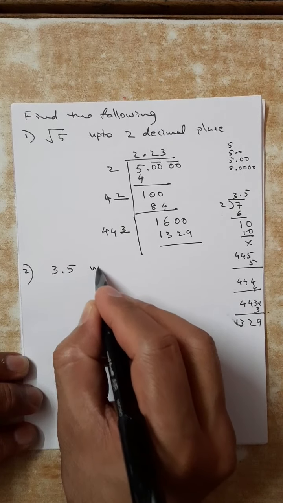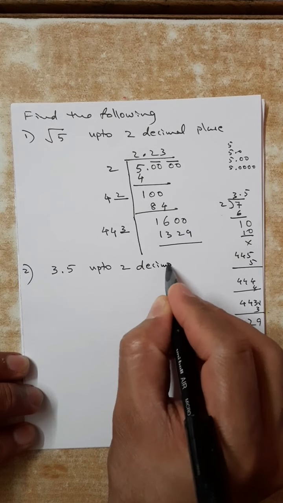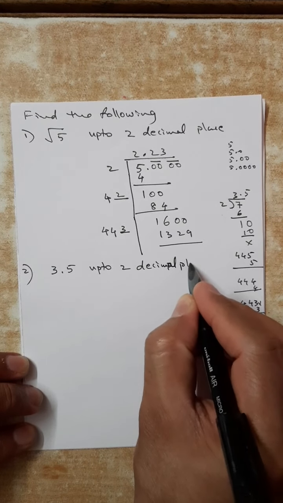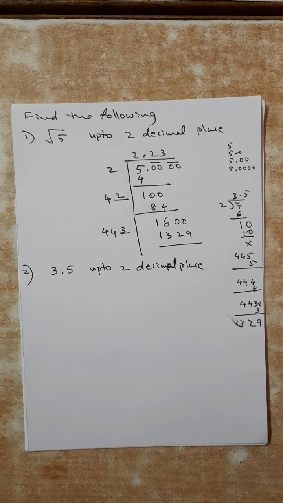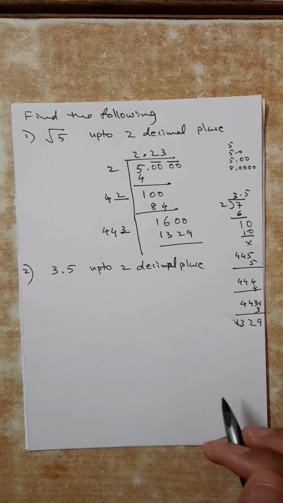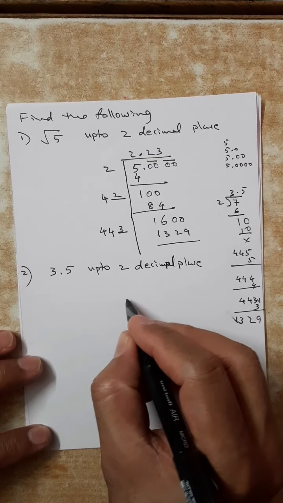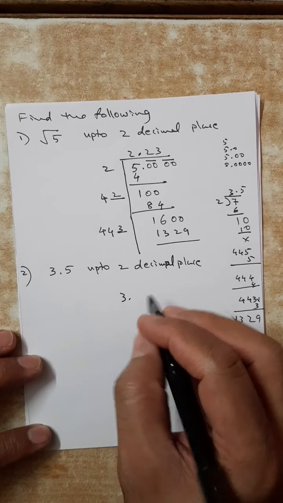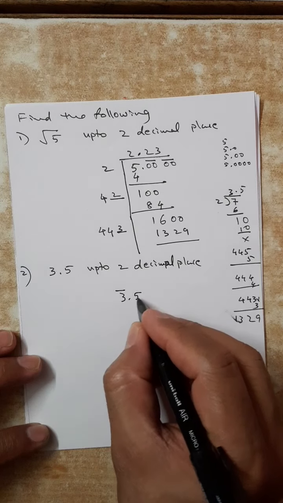3.5 up to 2 decimal places. How to take? 3.5 up to 2 decimal places. First group is first grouping. 3 is 1 group. 5 is not a group.